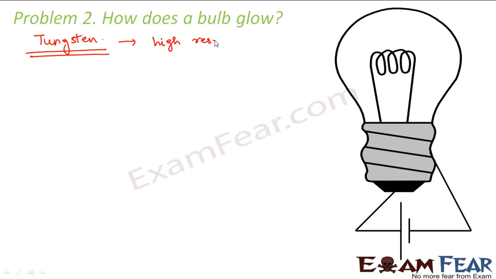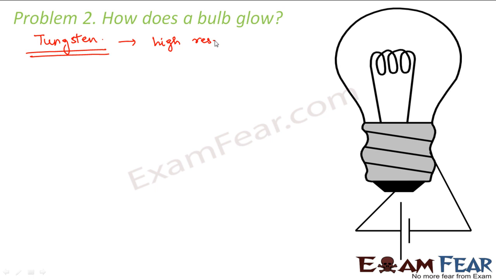Now what happens when more resistance is offered? Due to this resistance to the current flow, heat energy is generated. Whenever there is resistance, there is heat. I will give you one simple example, not related to current, but to a general phenomenon. When you rub your hands, what happens? You feel warmth, right? Heat is generated.